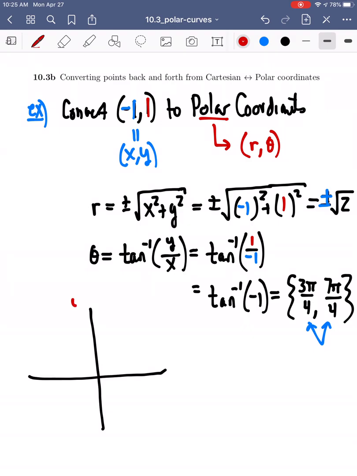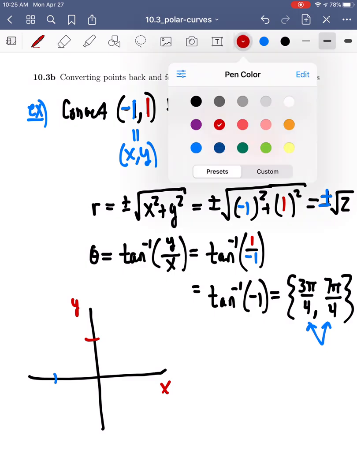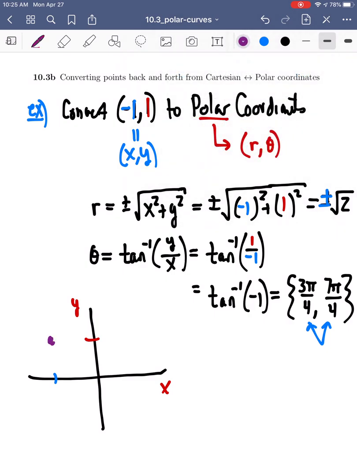So again, this is the xy plane. The point in which we're starting with is x equals -1 and y equals 1. So the point in which we're starting with is over in the second quadrant. So this is -1, 1 in Cartesian coordinates.